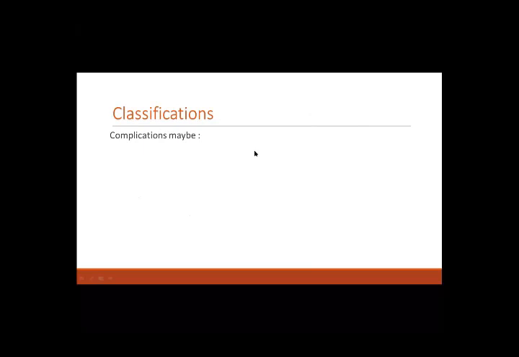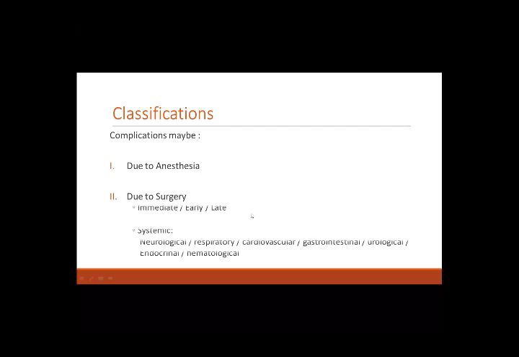Classification. It's not really a classification, it's more of categorizing. Complications may be due to anesthesia, or they may be due to the surgery itself. Those due to surgery are usually divided into immediate and late, early and late, or they can be subcategorized according to the system involved.